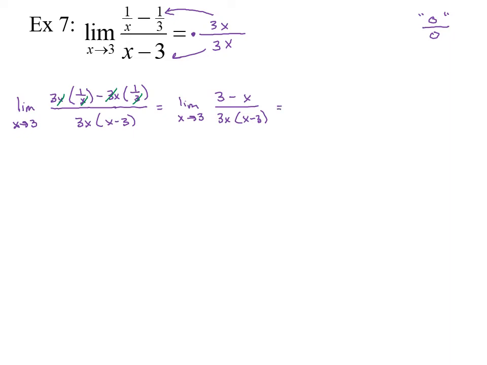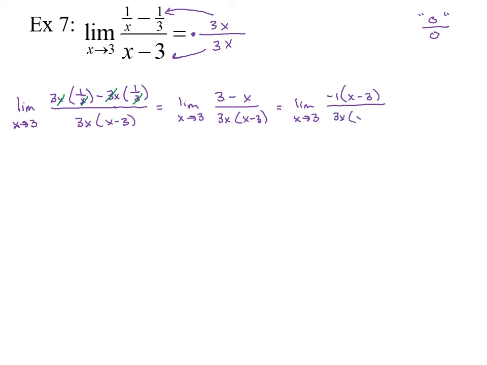So the easiest way to fix that is you can do the limit as x approaches 3. If you factor a -1 off the top, you can flip-flop your subtraction, because the 3 becomes a -3 and the negative x becomes a positive x when you factor a -1 out.